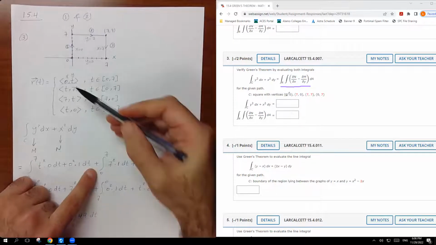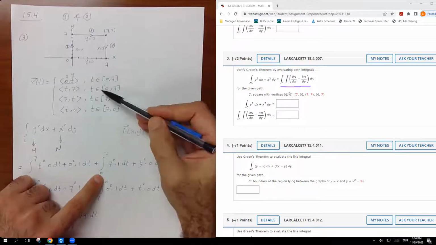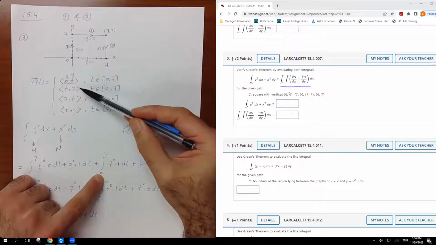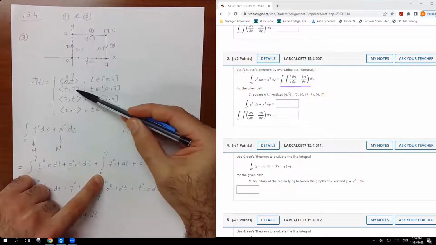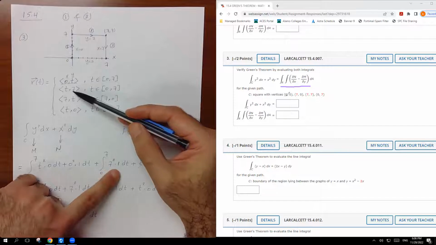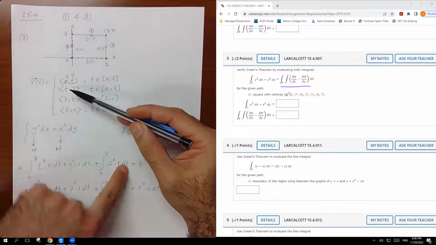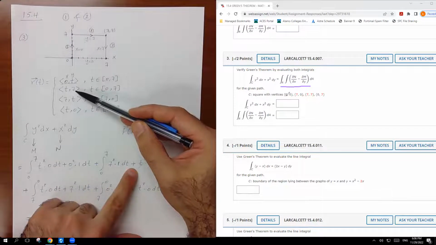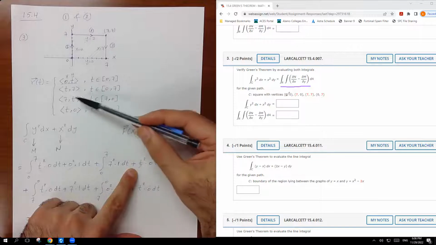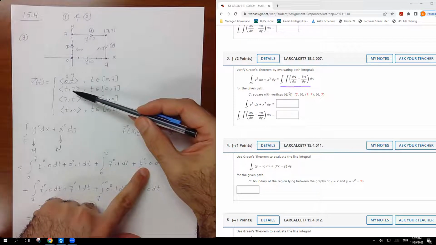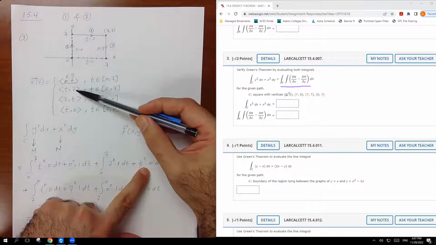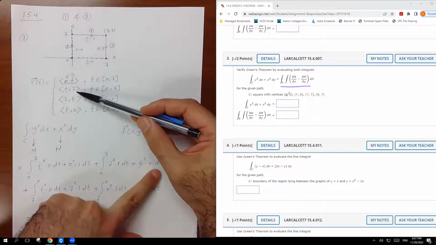Plus the second one, the integral from 0 to 7. y squared means 7 squared, dx, which is 1 dt, plus x squared, which is t squared, times dy, the derivative of 7, which is 0 dt.